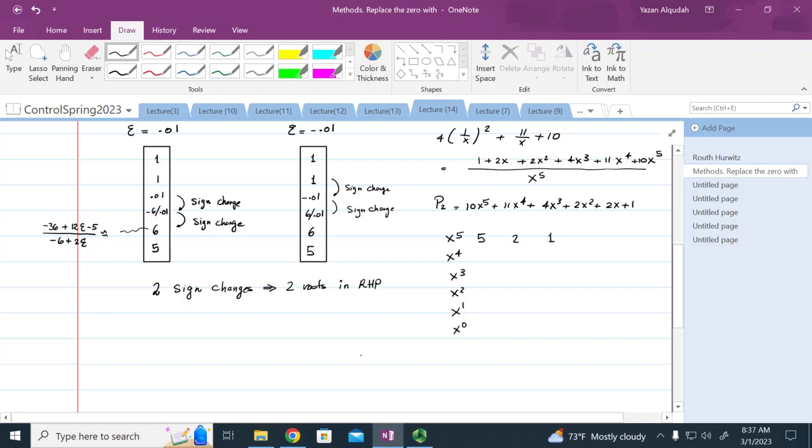Where is the 5, 2, and 1 coming from? 10, 4. Yes, originally this was 10, 4, and 2, and we divided by 2, just to make the calculation easier. And the second row is going to be 11, and 2, and 1.